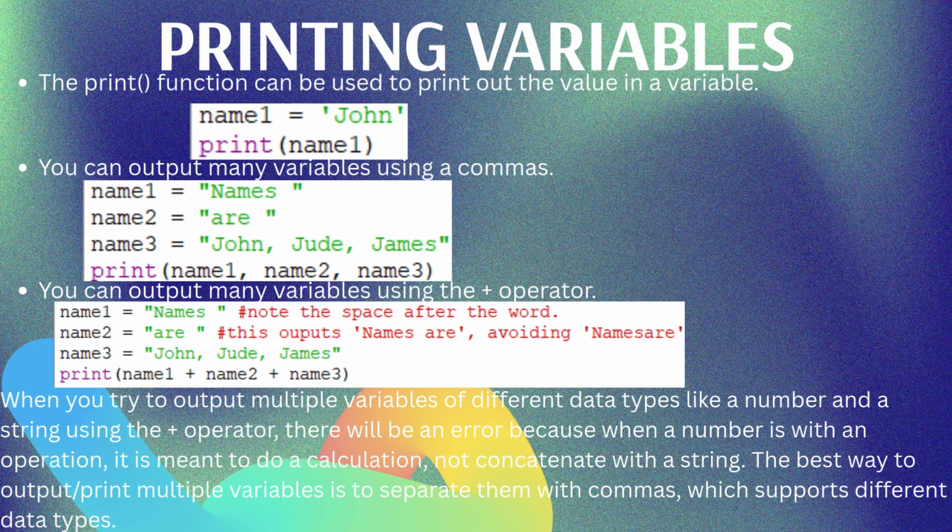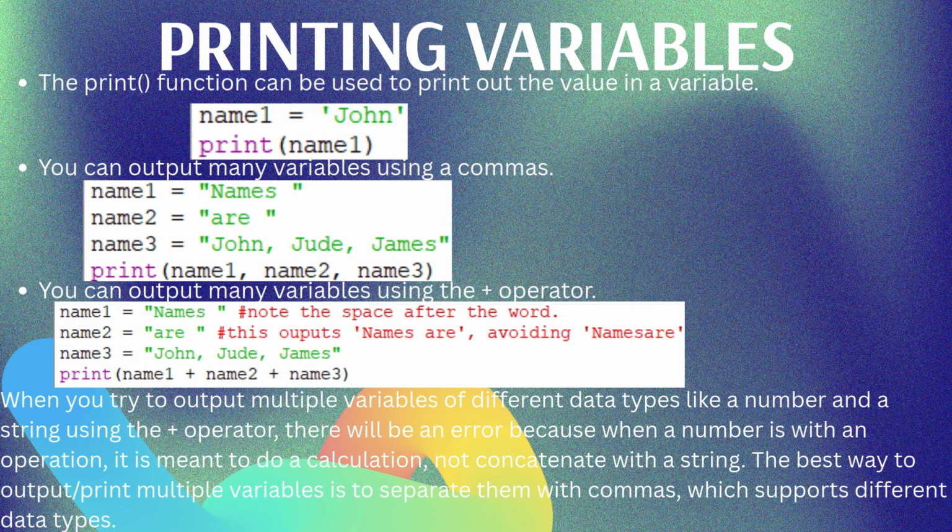Also note that when you're using these commas, you can have a string, then a comma, then a variable. So if I have name1 equals John, I can have print, then parentheses, and say "his name is", then a comma, and I put the variable, which is John.